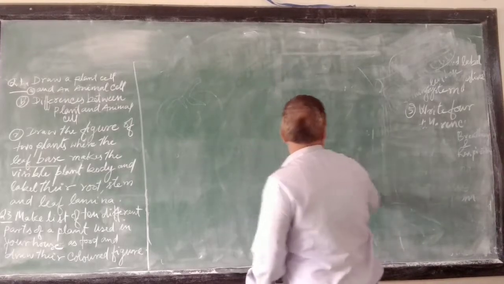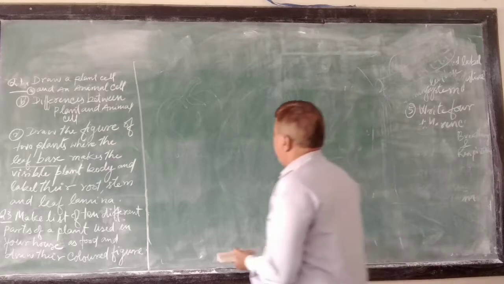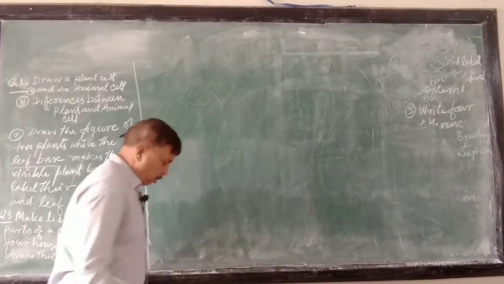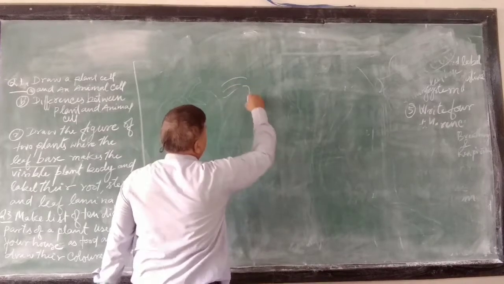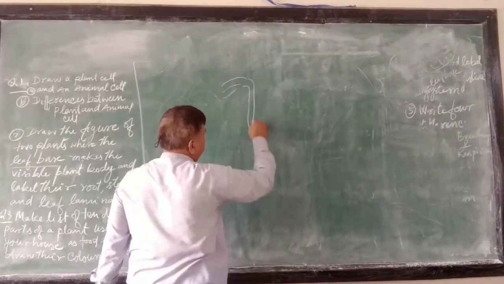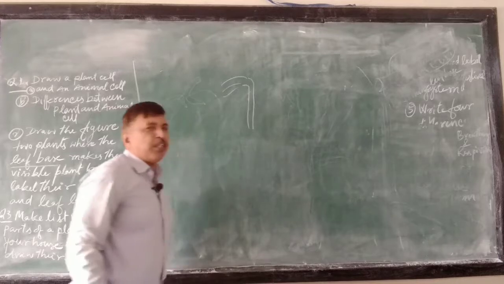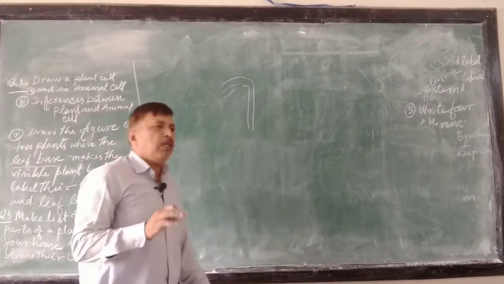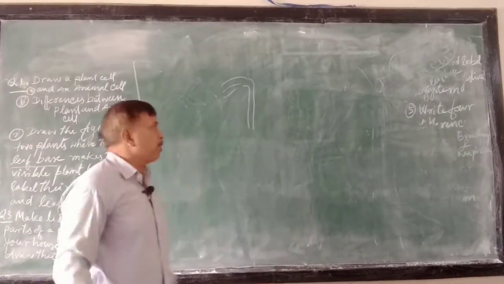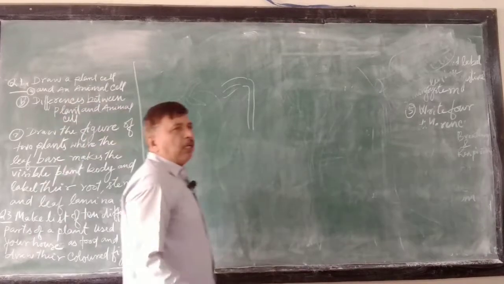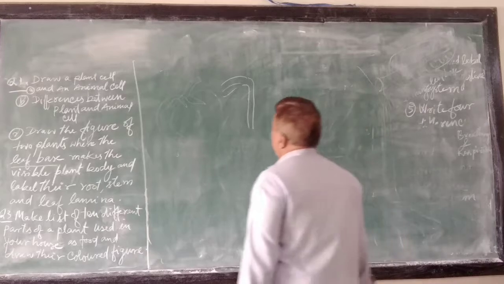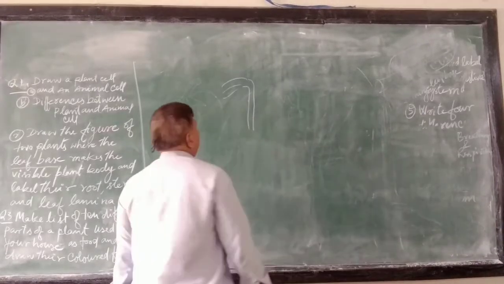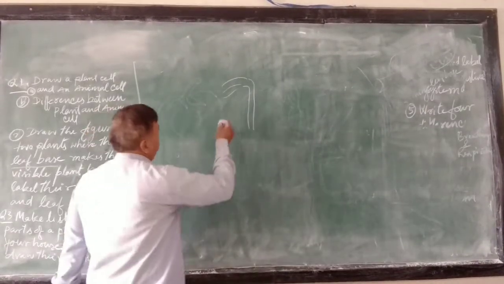The figure is given in the book, and you can straightaway copy from there, no problem, but it should be illustrative. Illustrative means you are not drawing or painting in art, you are drawing a figure that will give you knowledge, that will tell you the different parts of the human body.